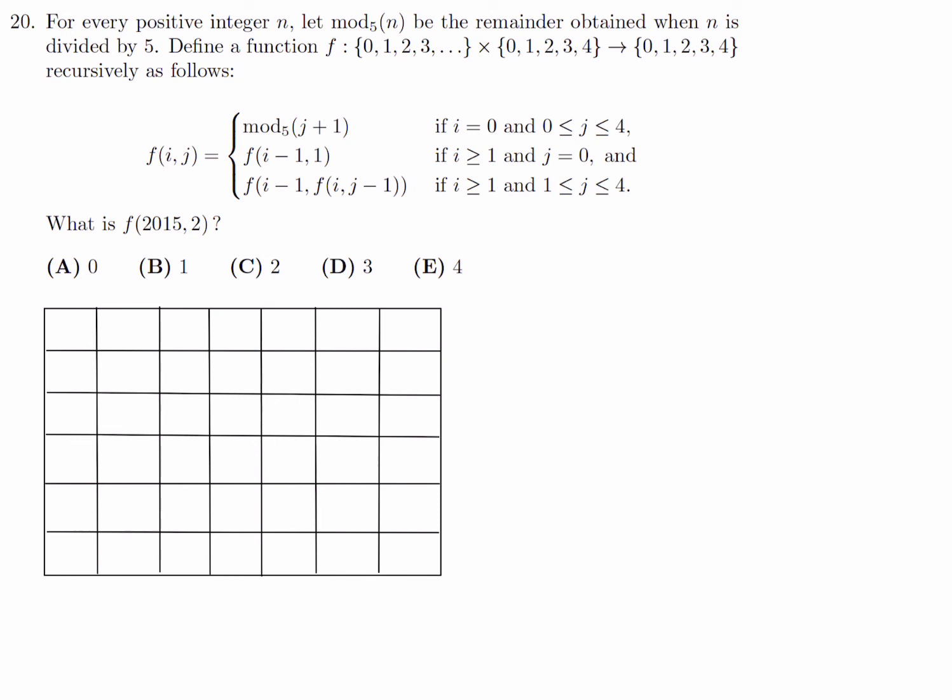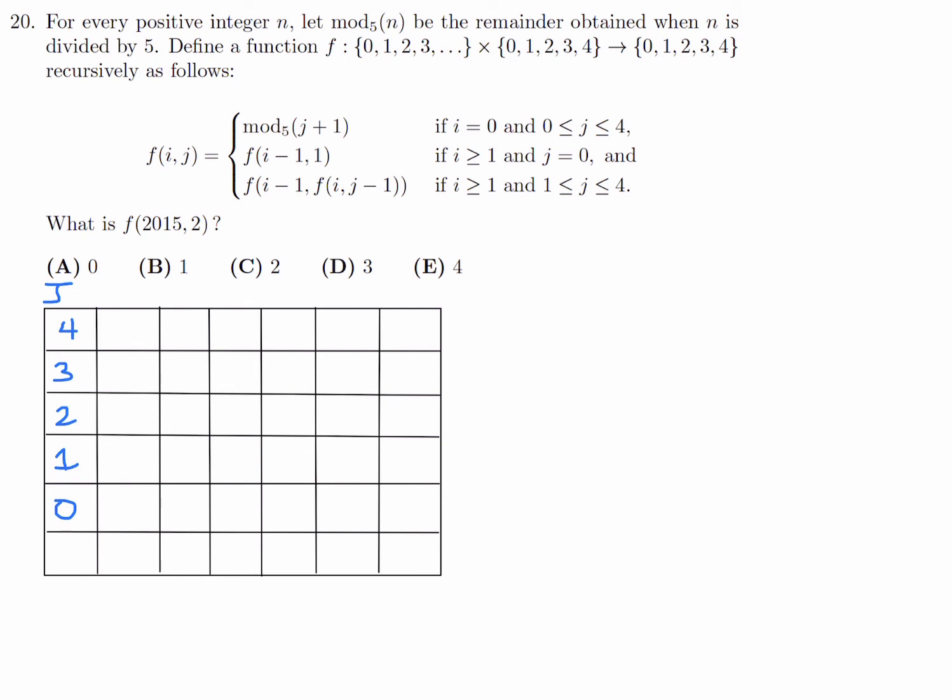In this table, this is going to be my j values, and they have told me that j is anywhere from, it looks like 0 to 4 based on their recursive pattern. So j is 0, 1, 2, 3, and 4.